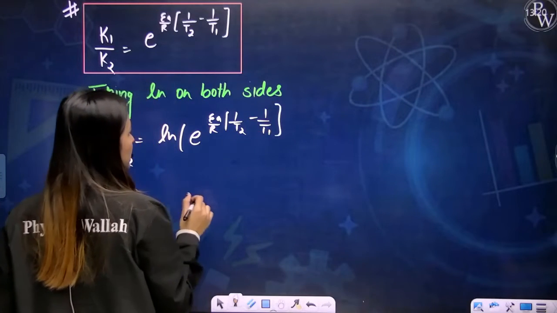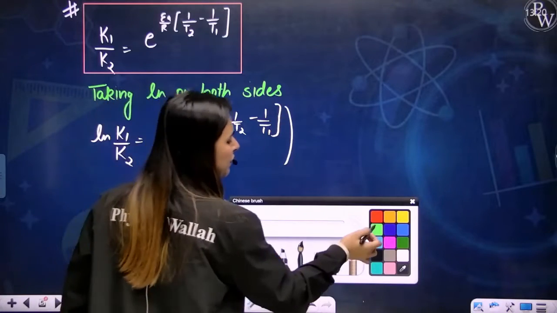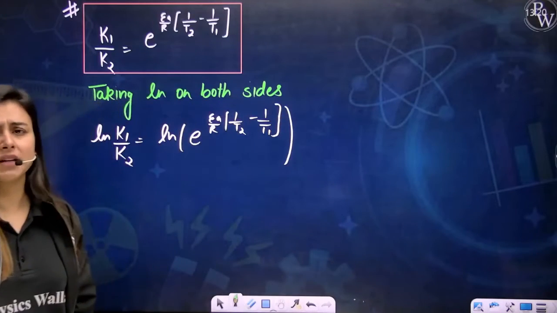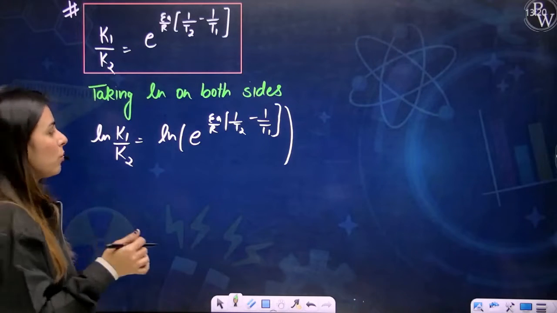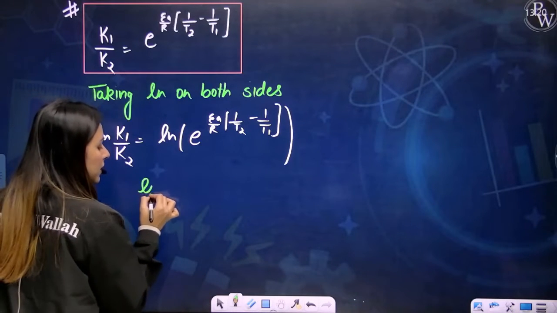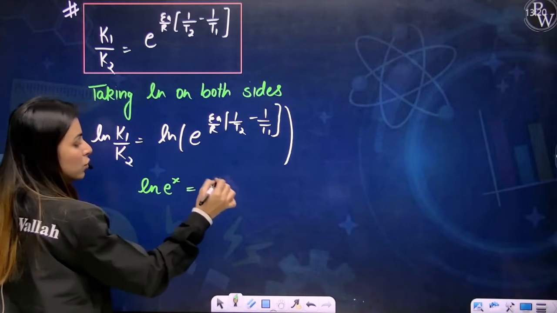Now, my dear students, I want to tell you a property which we'll be using. In fact, we've used this property, so you might remember that as well. Whenever you take ln of e raised to the power x, it is actually equal to x.